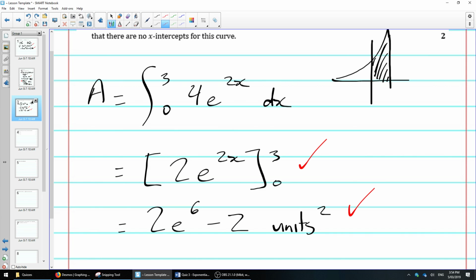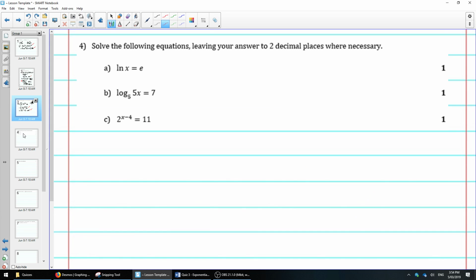Cool. Question 4. Solve the following equations, leaving your answers to 2 decimal places when necessary. So we have ln x equals p. Any suggestions on how we're going to solve this one? I might just work to the side here.